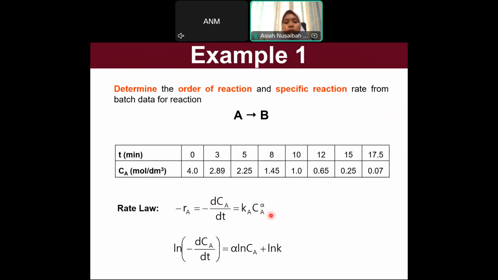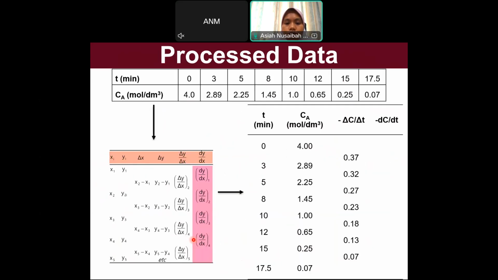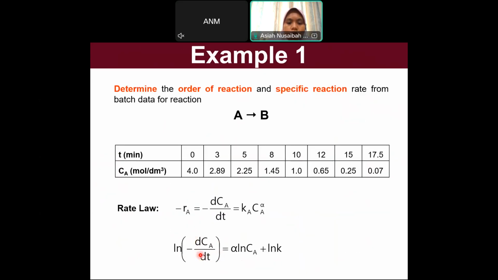We want to linearize this equation so that we can find alpha and k from the slope and intercept later. We linearize it by taking ln, which I already showed you earlier. You can go back to that part and recheck if you want to revise. Later, you have to draw a curve where the y-axis is ln(minus dC_A over dt) and the x-axis is ln C_A.